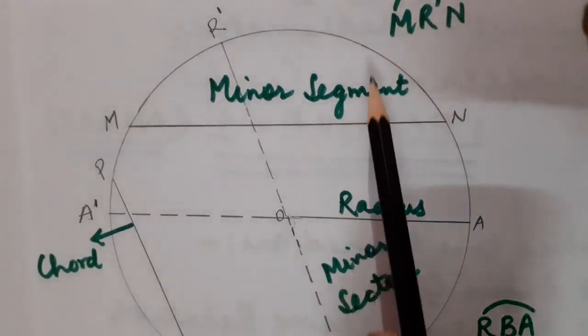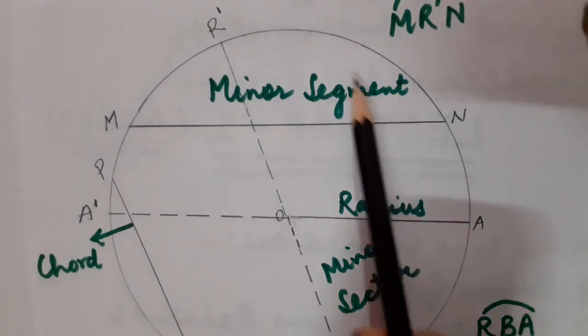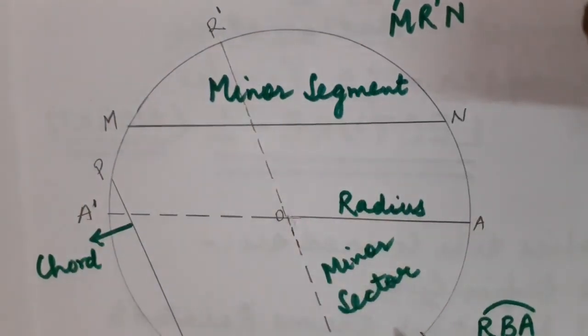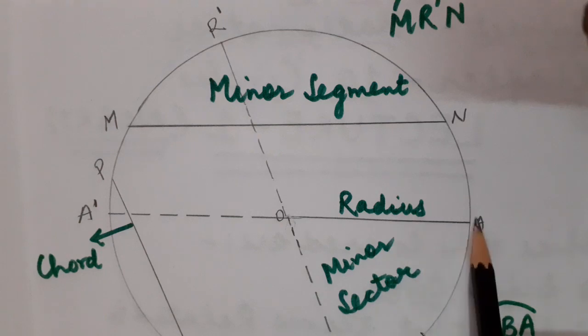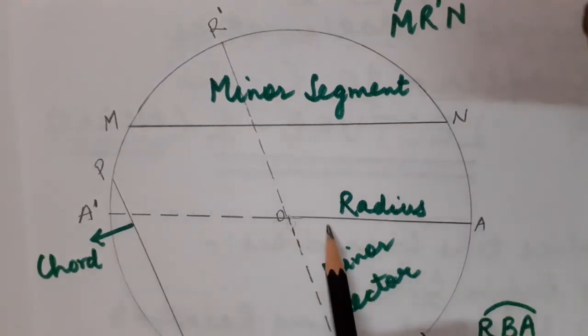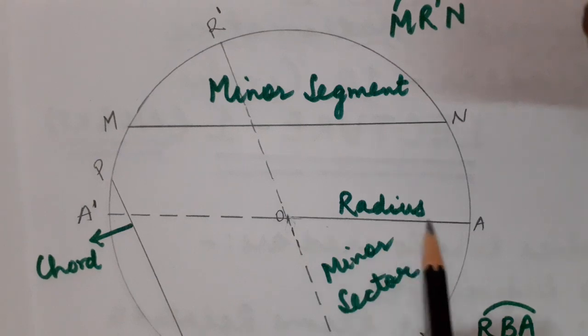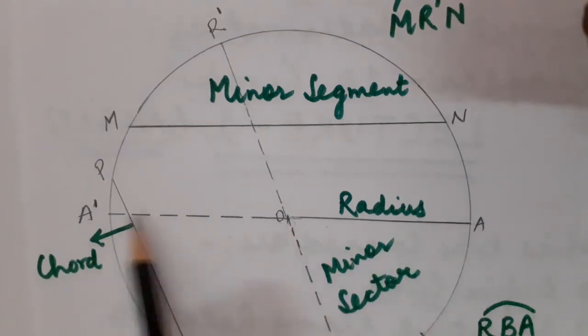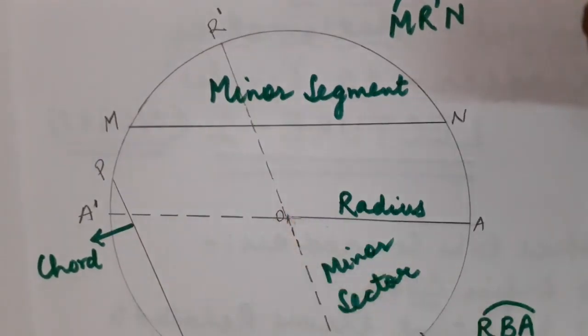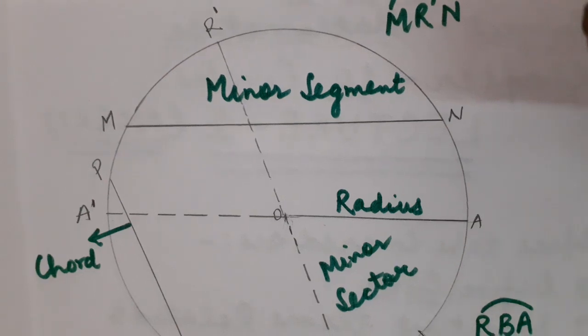A circle is a collection of all the points in a plane which are at a constant distance from a fixed point, and this fixed point is known as the center of the circle, and this constant distance is known as the radius of the circle. Correct, students?